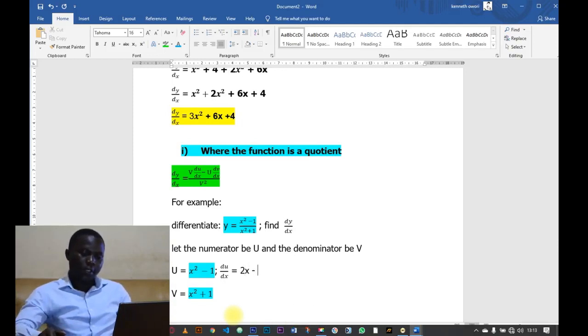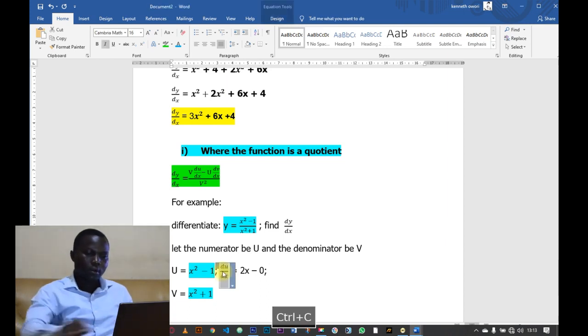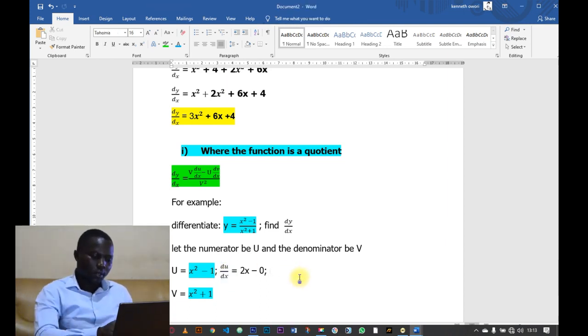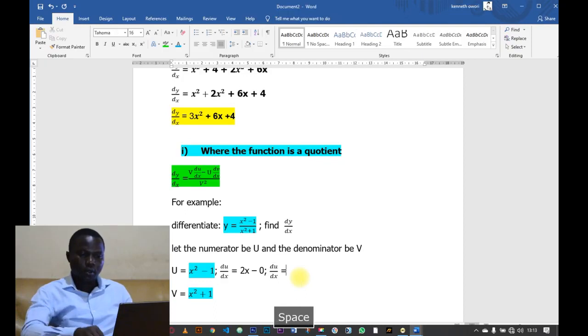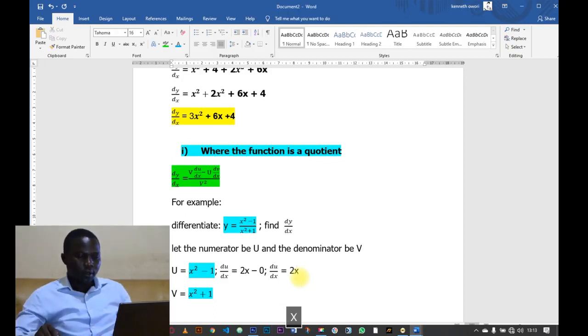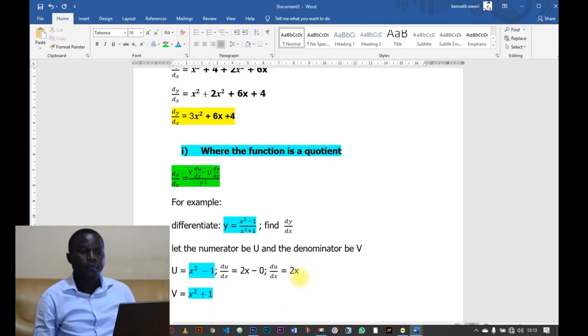If we differentiate 1, which is a constant, we get 0. So our du dx would be equal to 2x. In other words, when you differentiate x squared minus 1, we get 2x, as you can observe.